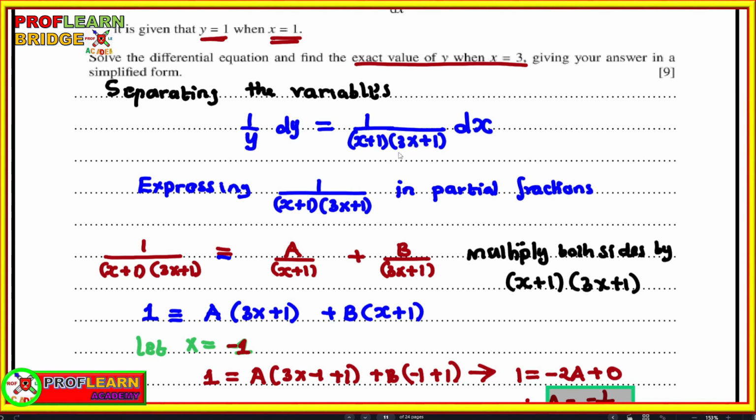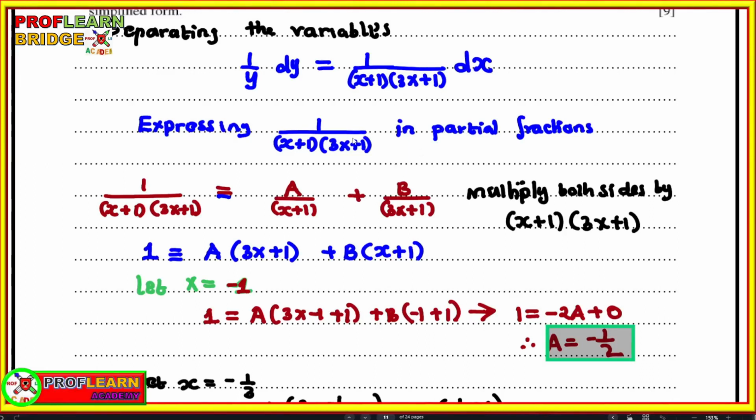unless we express this part as partial fractions first. So expressing this as a partial fraction, we are going to say 1 over (x plus 1)(3x plus 1) is equivalent to A over x plus 1 and B over 3x plus 1. And then we can multiply all through by what is in the denominator of the left-hand side. We are going to end up having 1 is equivalent to A(3x plus 1) plus B(x plus 1).